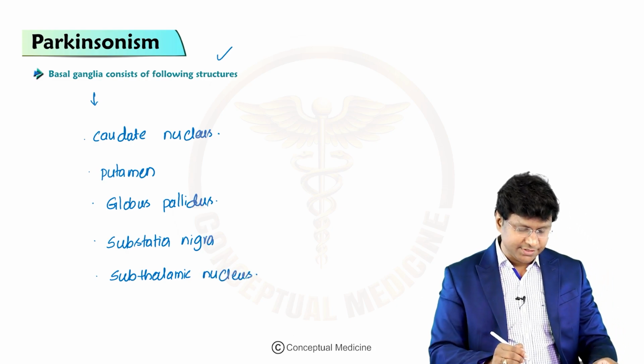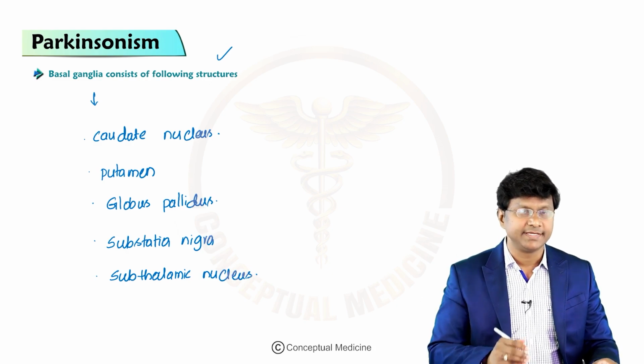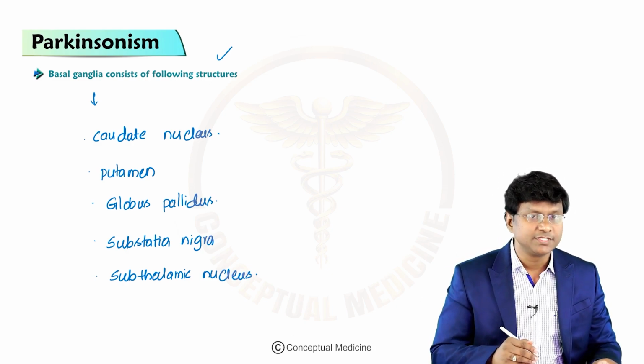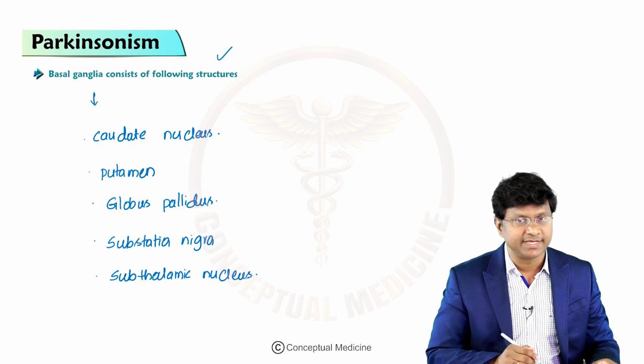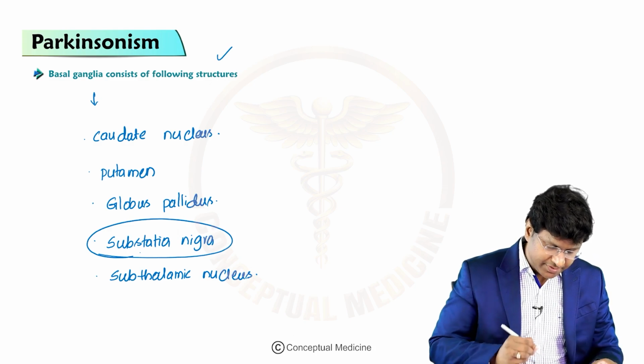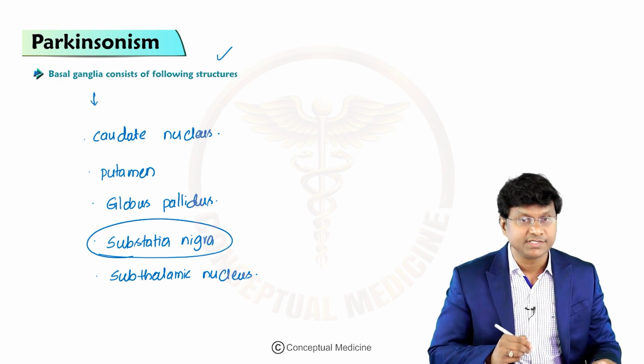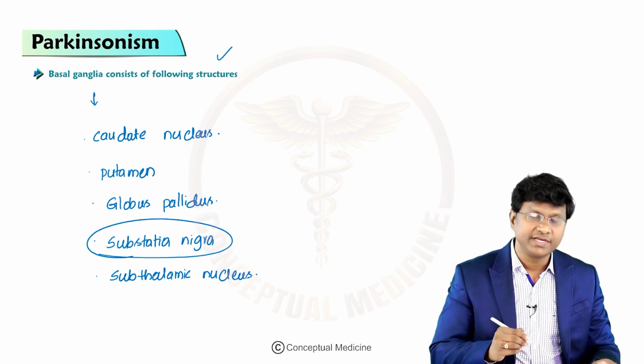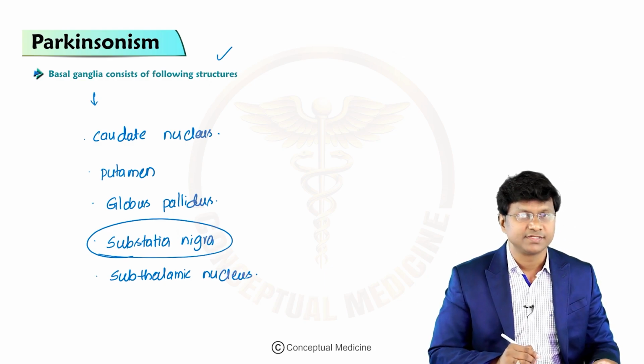Where exactly will the problem be in patients with Parkinsonism? That is in the substantia nigra, where there is a decrease in the dopamine levels.